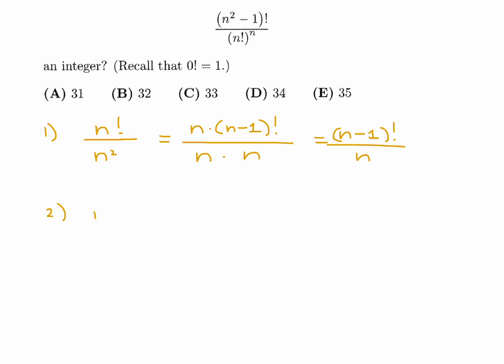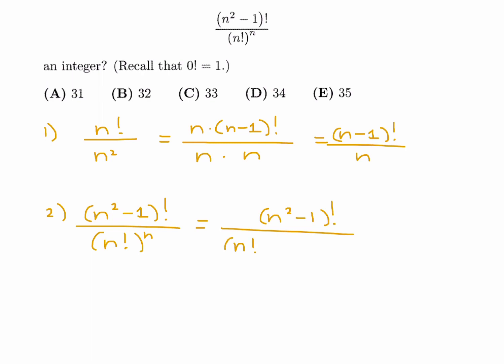So that is step 2, (n squared minus 1) factorial over (n factorial) to the power of n. Now for this, I want to make this into a better form. So I'm going to introduce a couple of things here.